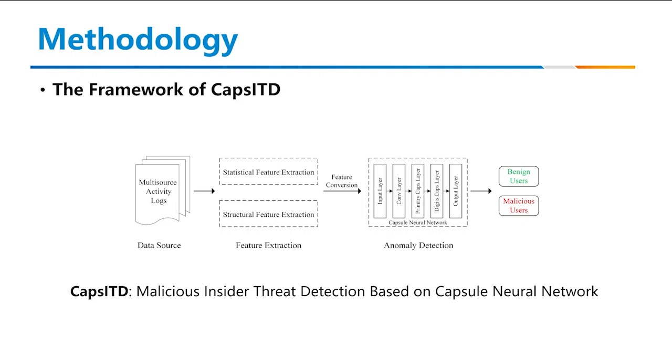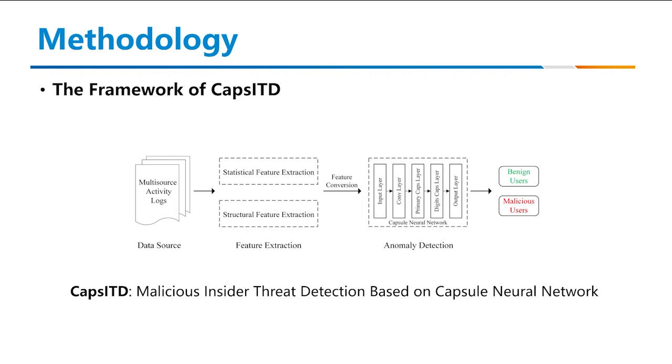And then, we extract structural features by constructing a homogeneous graph based on the user's authentication logs to represent the correlative information.